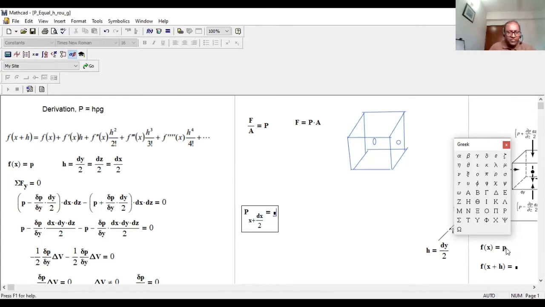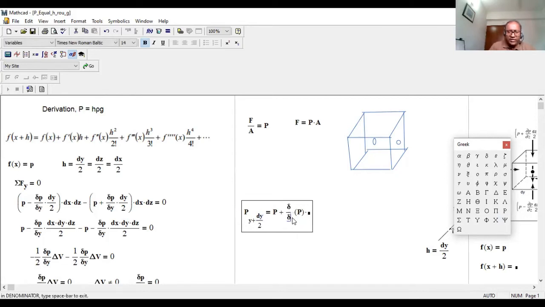What is my f of x? P, plus f prime of x, my first derivative of P, right? So I can say it will be del P by del x times h. So what is my h over here? dy by 2. So instead of x, say I put y.